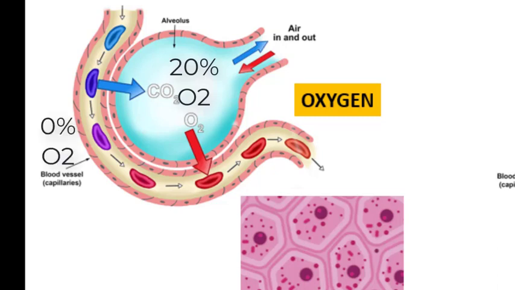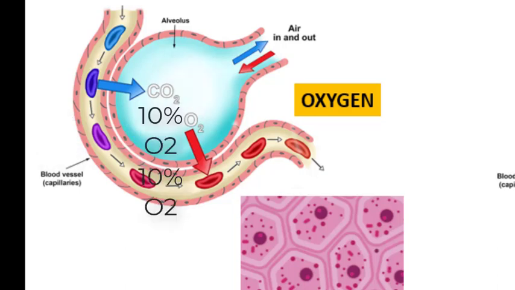The blood has been to all the body cells and is really low in oxygen. Diffusion will occur until there's an equal concentration. If there's 0% in the blood and 20% in the air, when would the concentration equalize? At 10%.